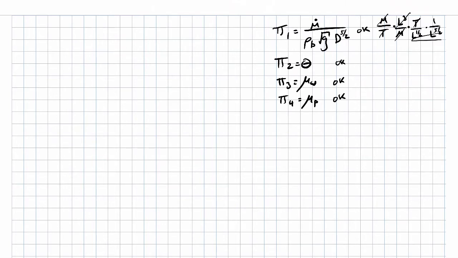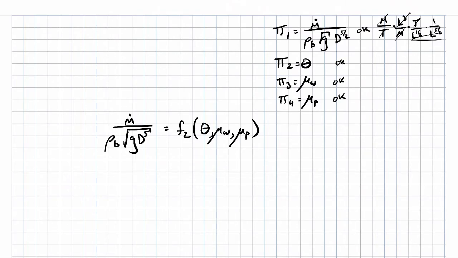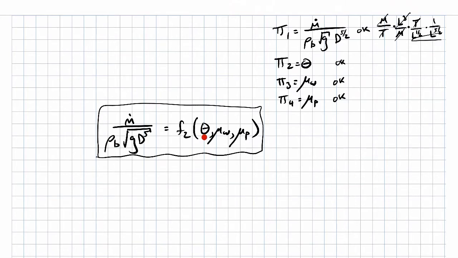So then our final expression in dimensionless form looks like this. So our mass flow rate is a function of the wall angle, the wall friction coefficient, the particle friction coefficient, and it's made dimensionless like this.